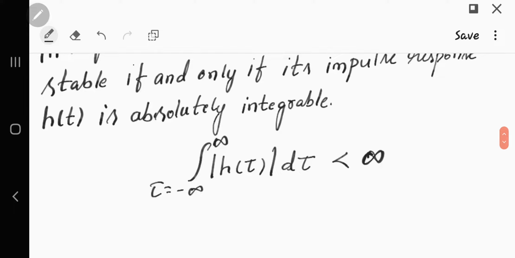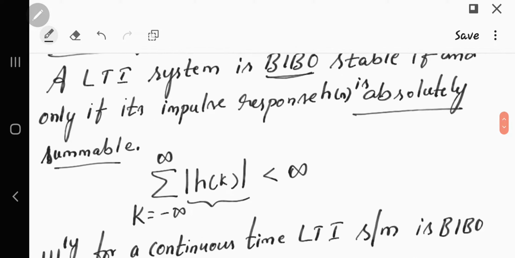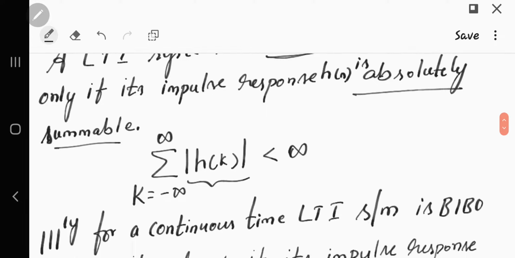Then only the system is said to be stable. So this is the difference between continuous time and a discrete time LTI system to possess the stability property. Okay. So finally, moving on to the last one, that is invertibility.